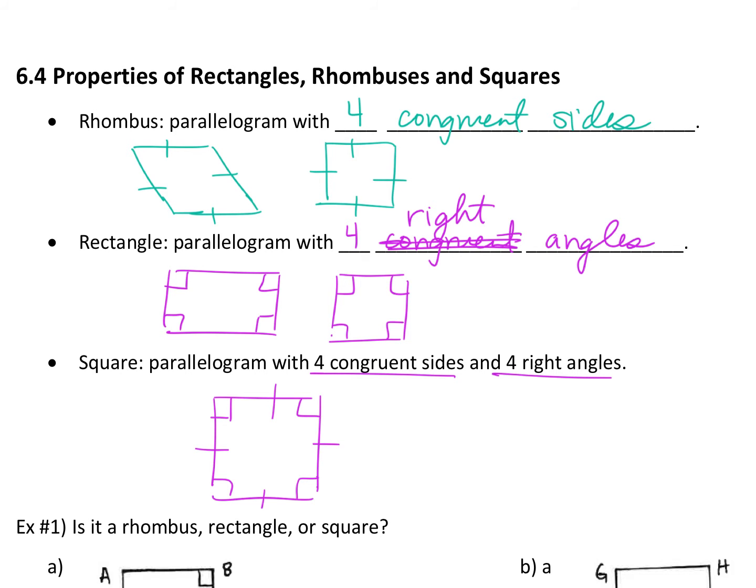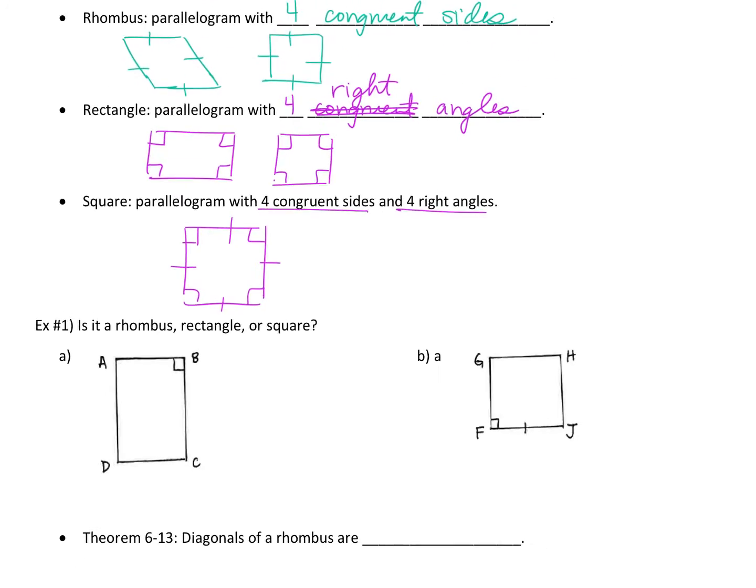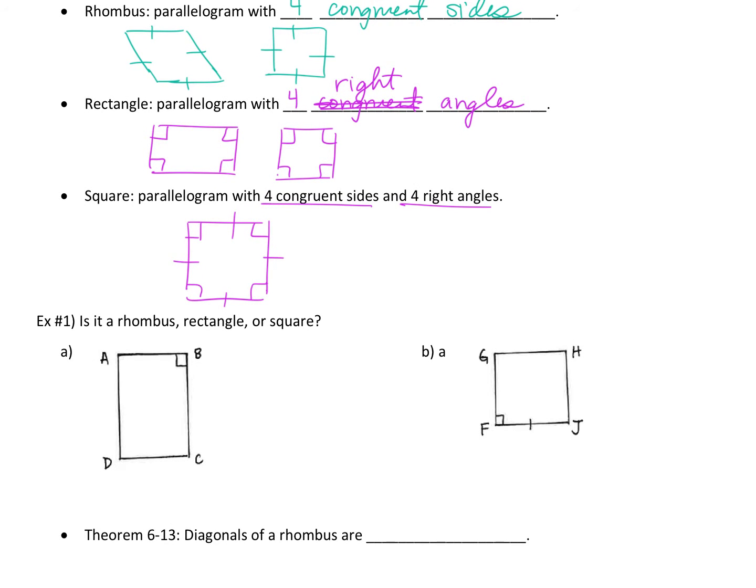If I give you a picture that looks like this, and I mark nothing in it, can you tell me rhombus? No. Can you tell me rectangle? No. Can you tell me square? No. You only judge on the markings. You do not judge on what it looks like. You can't say, oh, it looks like a square, so that must be a square.